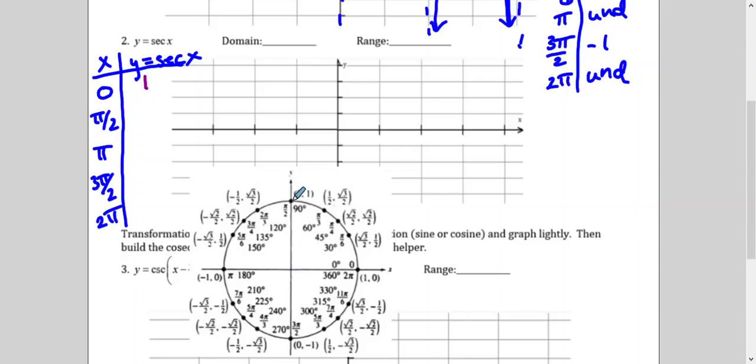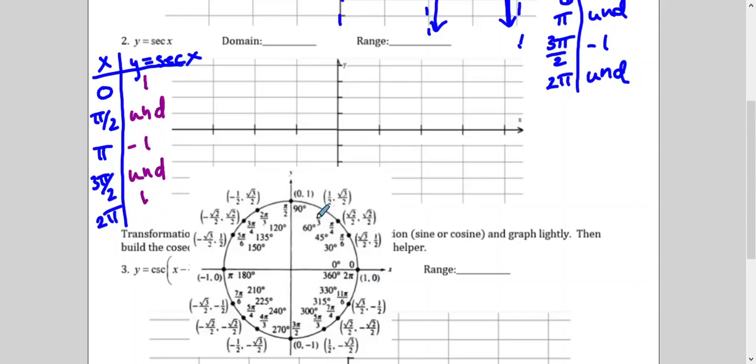And at pi over 2, looking at the x value, reciprocal of 0, 1 over 0 is undefined. When we get back to pi, reciprocal of negative 1, 1 over negative 1 is negative 1. 3 pi over 2, reciprocal of 0, 1 over 0 is undefined. And at 2 pi, reciprocal of 1 again is 1.